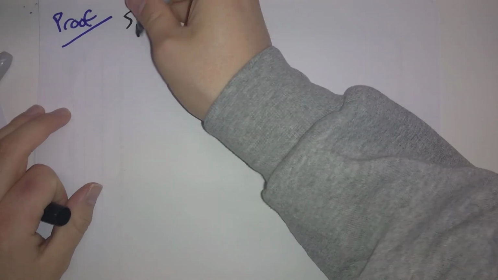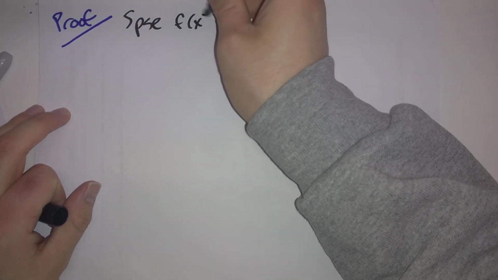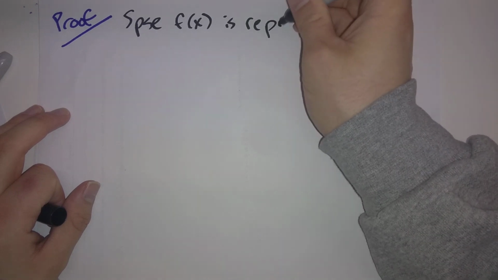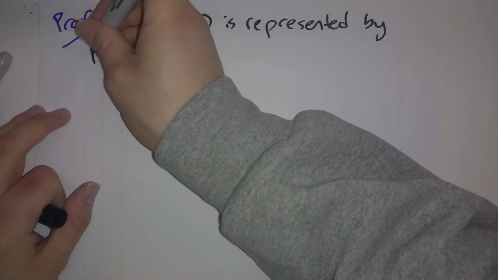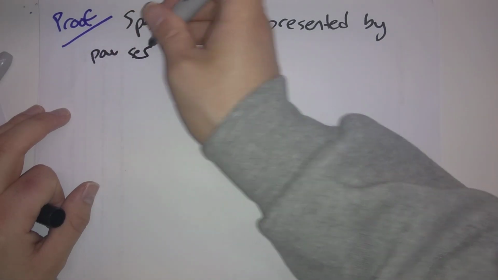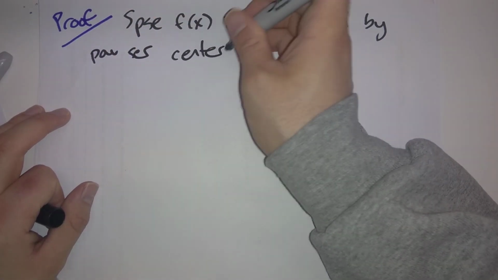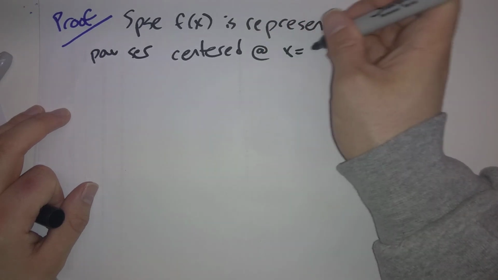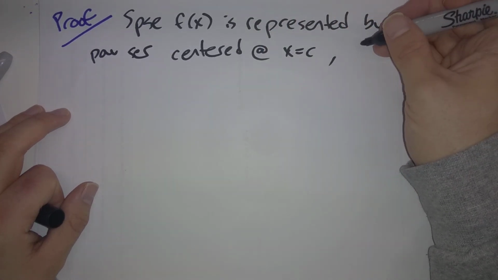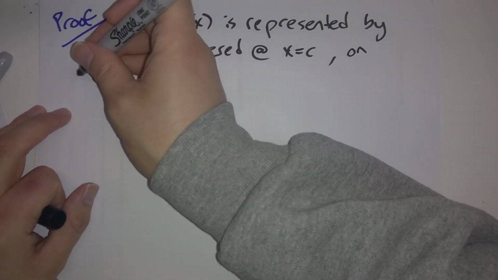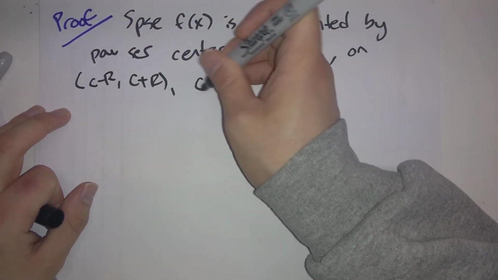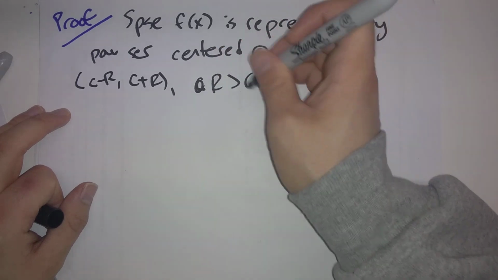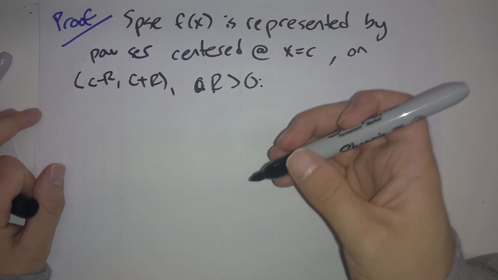So let's suppose that f of x is represented by a power series centered at x equals c, on the interval c minus r to c plus r, and we want the radius of convergence to be strictly positive.